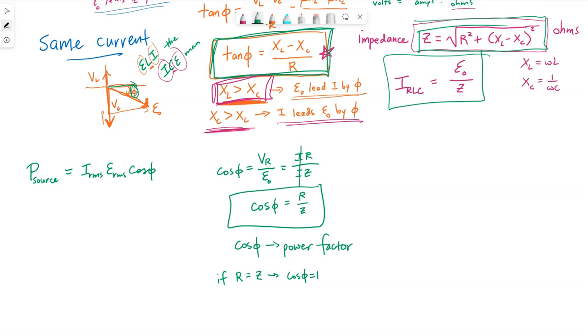Well, if we relate that back to the power, if cosine of phi is 1, then the power put into the circuit by the source would simply be IRMS times ERMS.